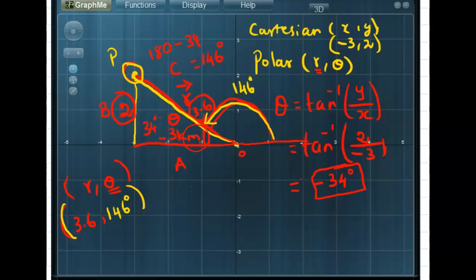If you want to write this 34, then you have to specify that here is north, here is south, here is east, and here is west. So from the west of north, 34 degrees. We have to always follow the rules, so it will be easy for communication.